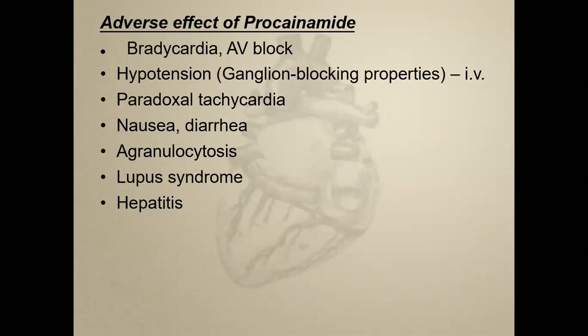Procainamide. Procainamide is less toxic than quinidine, but has adverse effects. The same bradycardia and AV block, maybe hypotension, because procainamide has ganglion blocking properties, and when given intravenously, as a result there will be hypotension. Maybe paradoxical tachycardia, maybe GIT disturbances, maybe agranulocytosis.